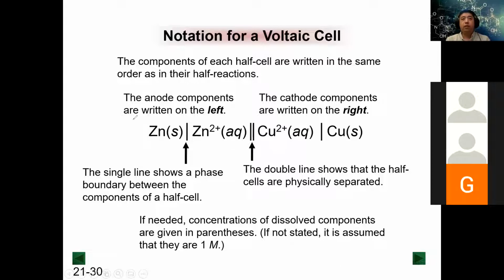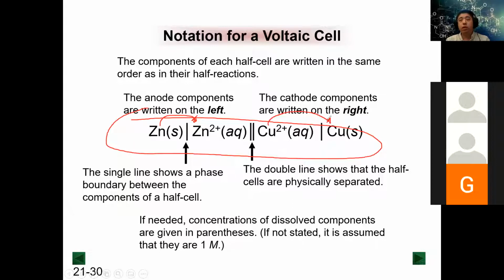So looking at this picture, what this is telling me is that in my equation, it goes from zinc to zinc 2+, and then copper 2+ to copper solid. It's also telling me that on the left side here, this is my anode, and it's the one undergoing oxidation. On the right side here, this is my cathode, and it's the one undergoing reduction. Based on just the picture here, I can draw everything that I need. I know that I have 2 jars here, right?